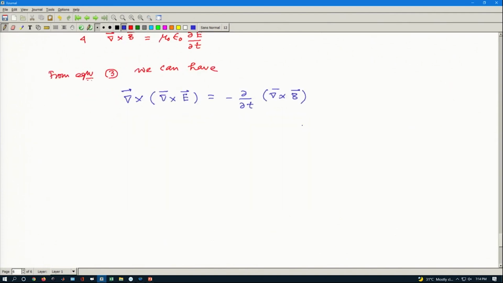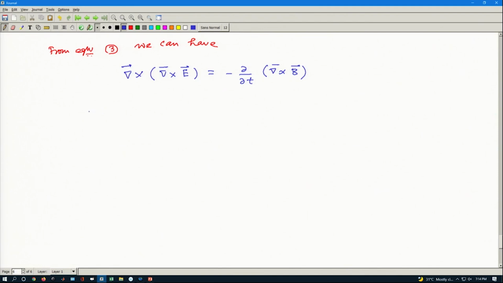Now, curl of curl of E is a famous identity, that is minus grad square E plus gradient of divergence of E. This identity we use several times, so you should remember it.